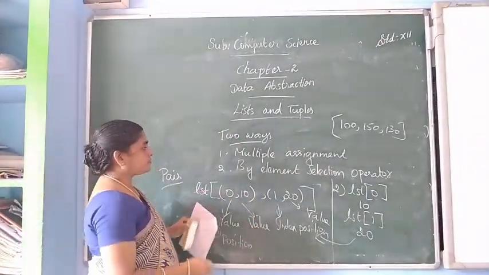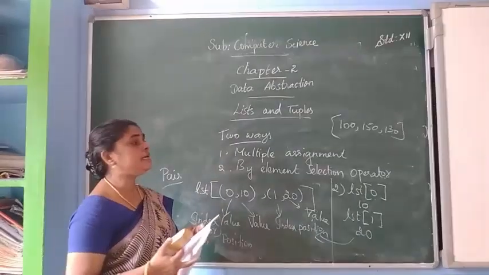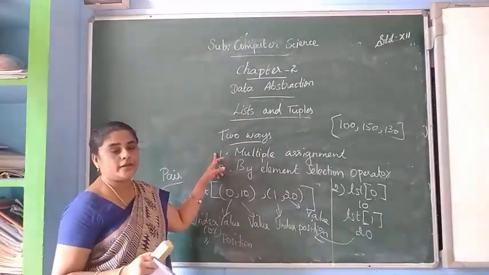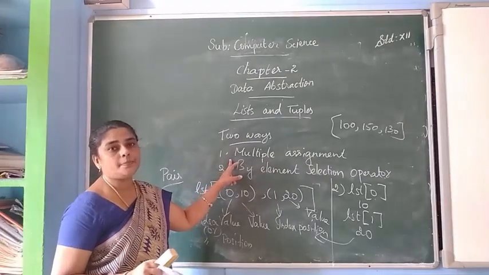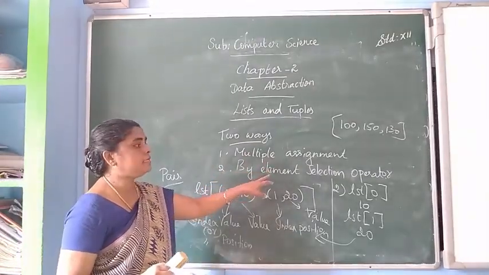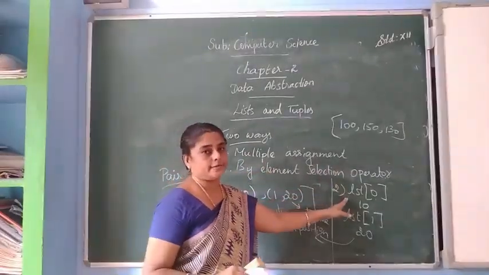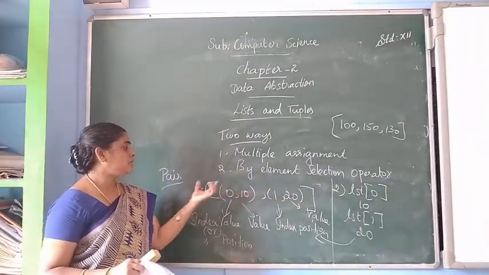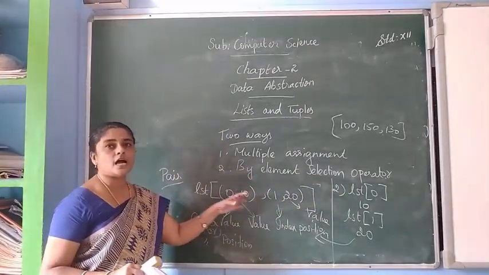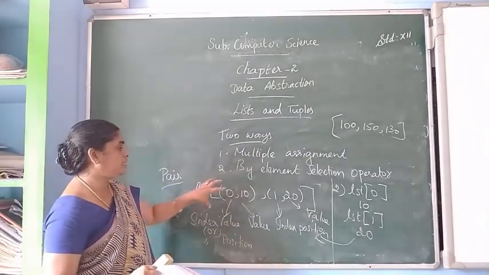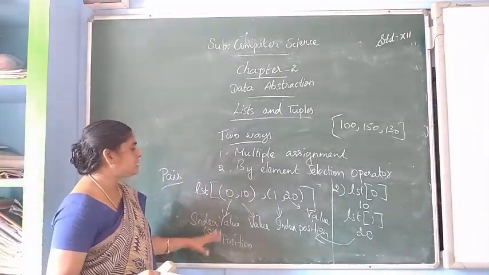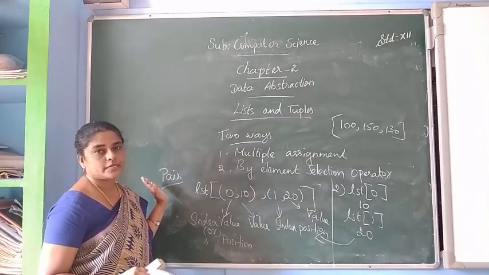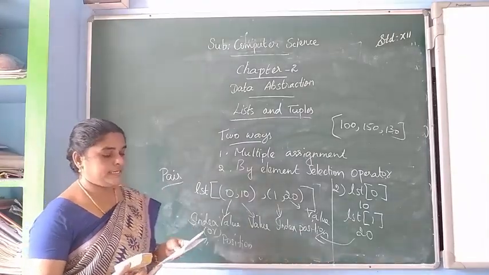Now, this list can be accessed in two ways. What are the two ways? Multiple assignment and by element selection operator. In this element selection operator, two sets of values are set together into one. So that is known as a pair. Can you understand about this list?